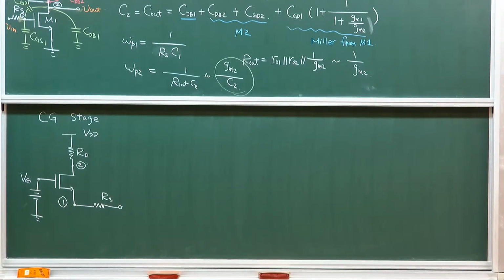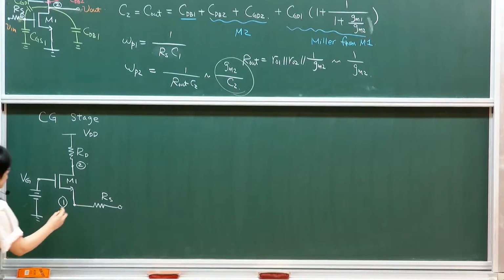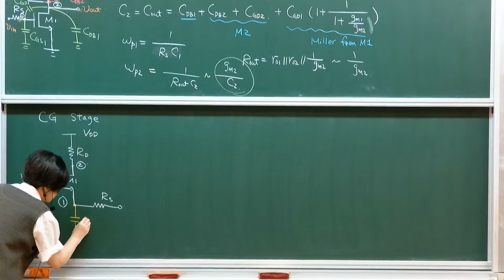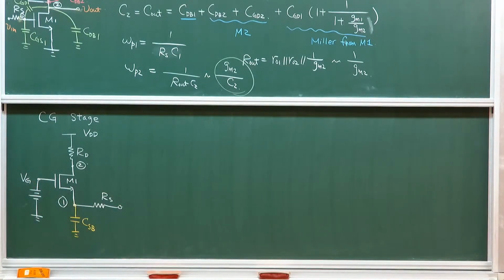Once we have this, you simply insert your parasitic capacitance. Let me use yellow. If you look at a transistor itself, remember the model, there's source to body, source terminal to body, these are junction capacitance.